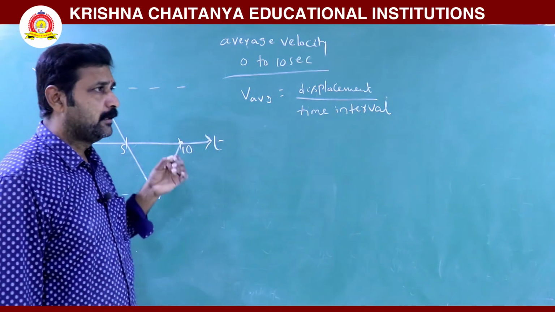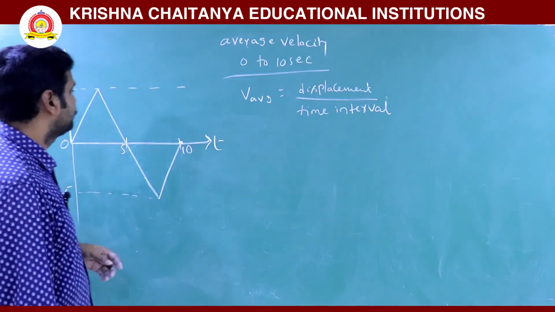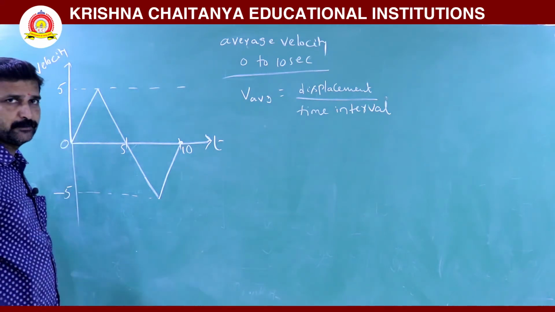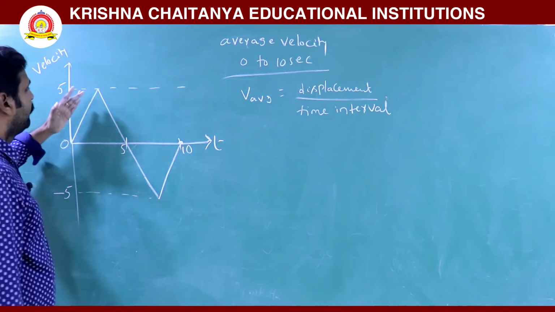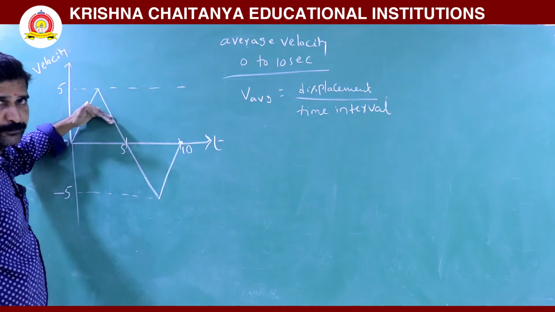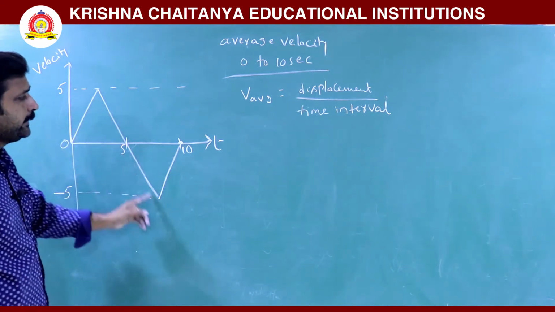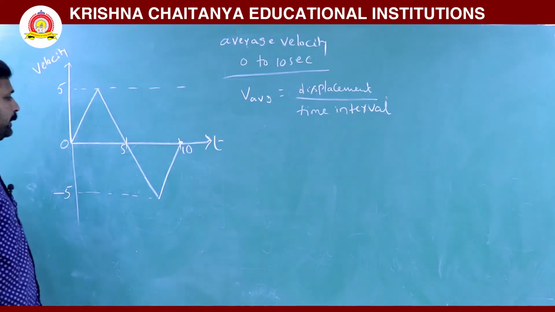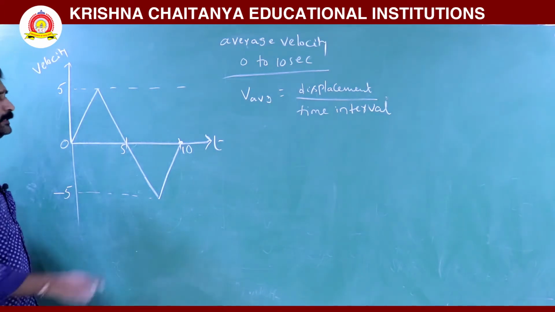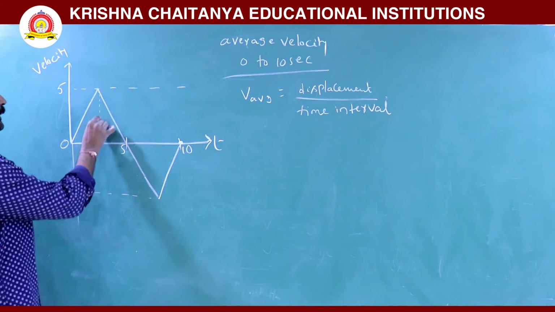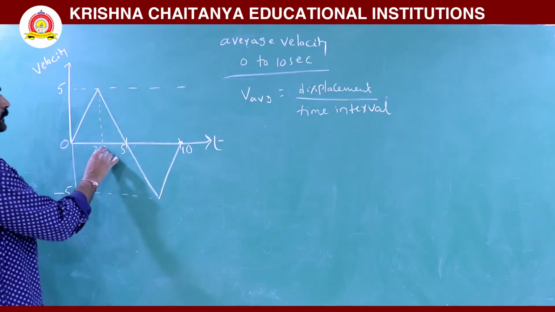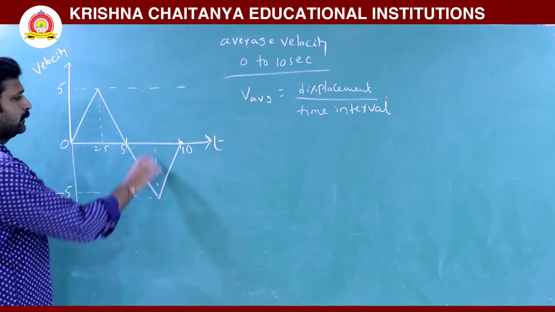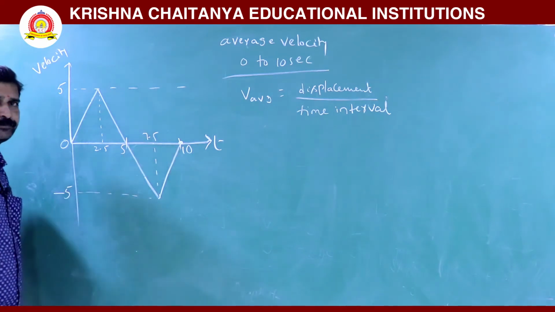How? Actually, while looking into the graphs, velocity time graphs, all are straight lines having the same slopes. If you look here, this is 2.5, this is 7.5.